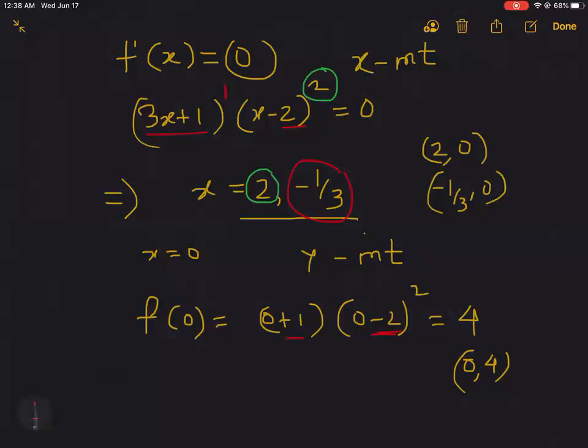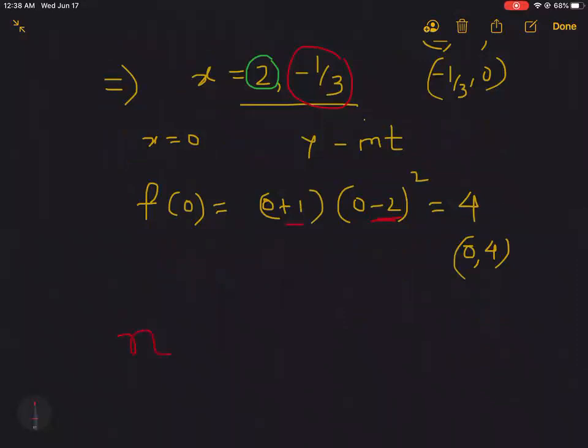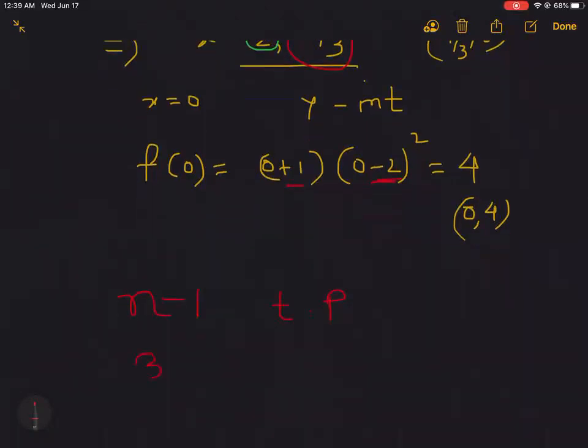If you have a degree of n, that means the highest exponent for your function is 3, then we'll have n minus 1 turning points. Let me write it as TP, turning points. So as we have the degree 3 here for this problem, we'll have 3 minus 1, 2 turning points.